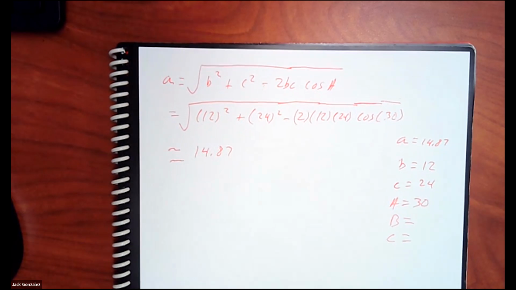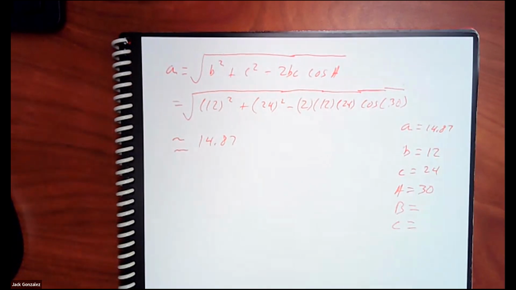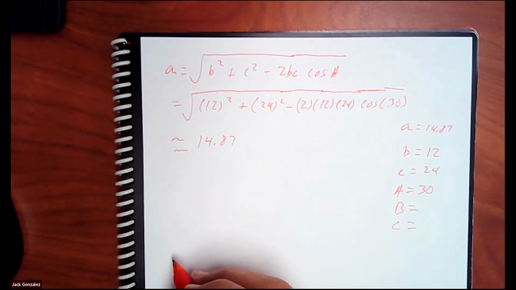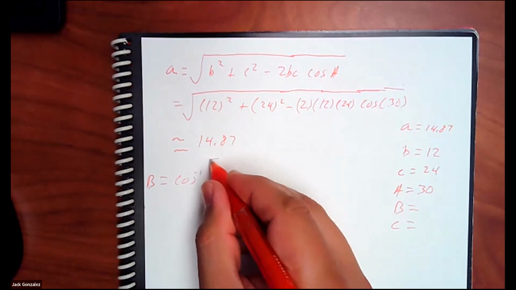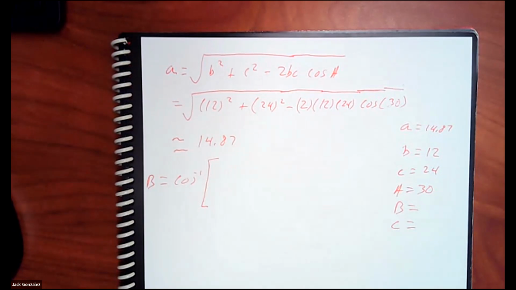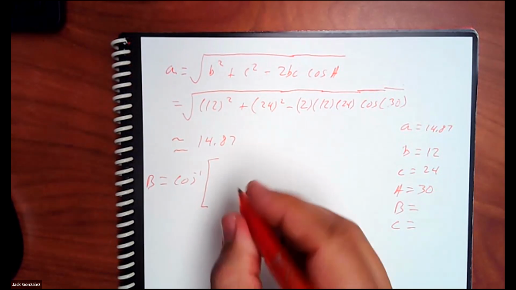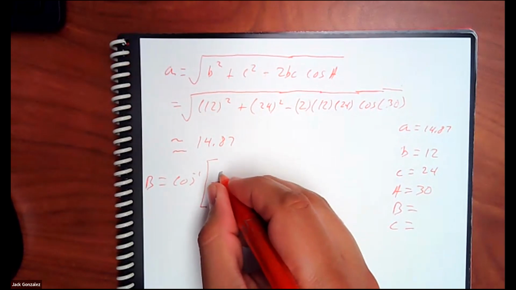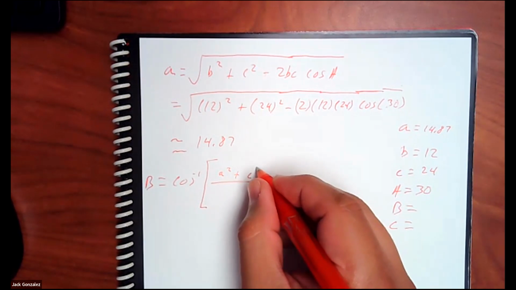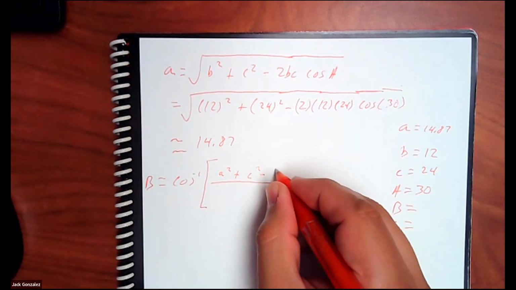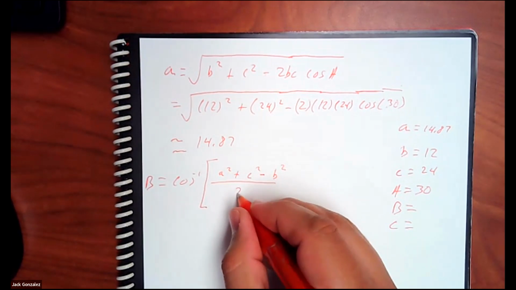Okay, so at that point, use your formula to find the angles, because once you have all 3 sides, you can find any angle. So B is equal to cosine inverse of a squared plus c squared minus b squared over 2ac.